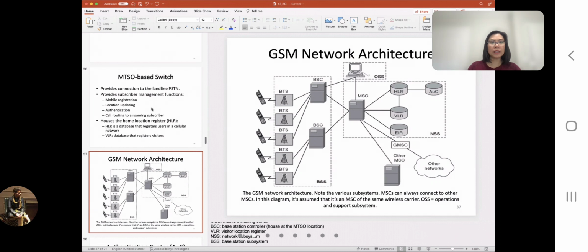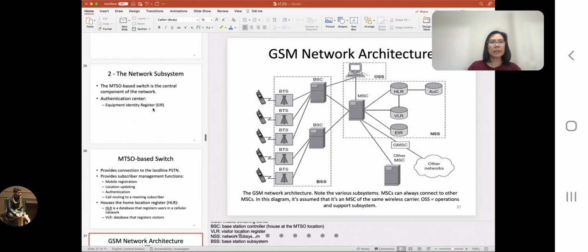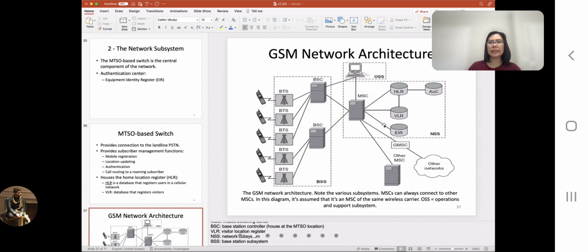Now we talk about the network subsystem, basically this block right here. This block has many components. One component is the mobile switching center. You can consider this as the computer, the processor of this block. The BSC, the base station controller, you can consider as the computers for this block.